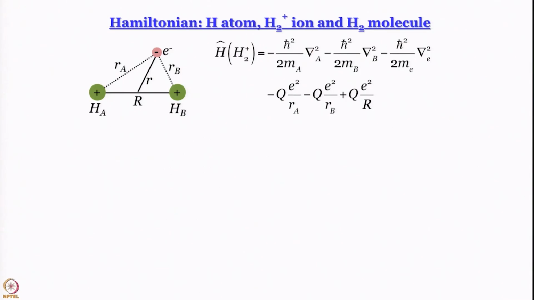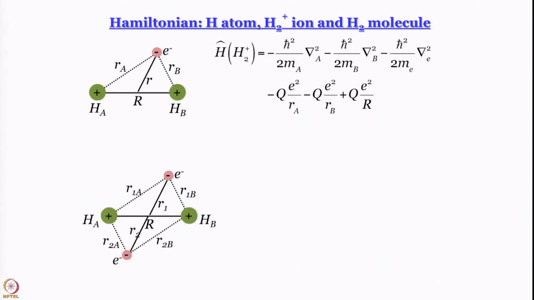Now, what happens if we want to go to the H2 molecule, because remember valence bond theory has no scope for H2 plus, we have to talk about H2. So, we add one more electron. At the moment we add one more electron, we add many terms. Whatever is there will remain, and since there is a second electron, we have to use a slightly different nomenclature.